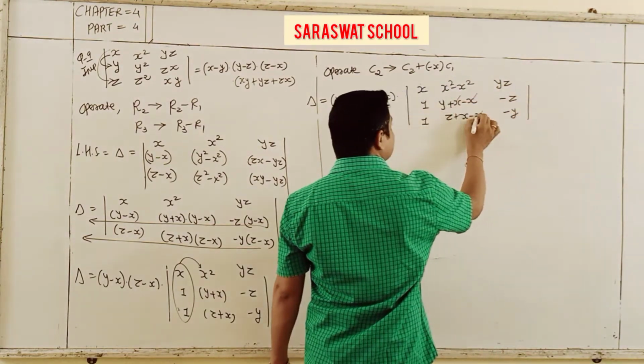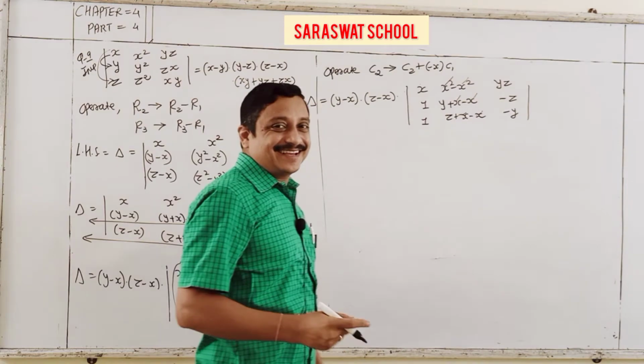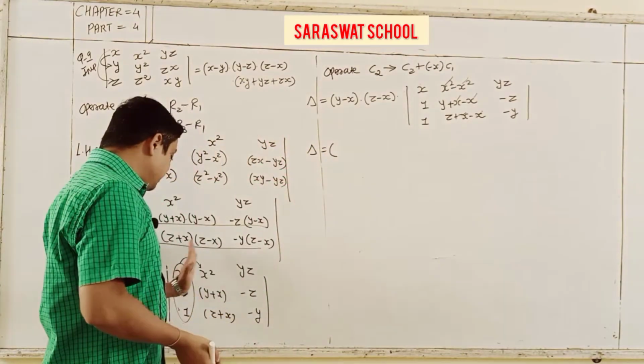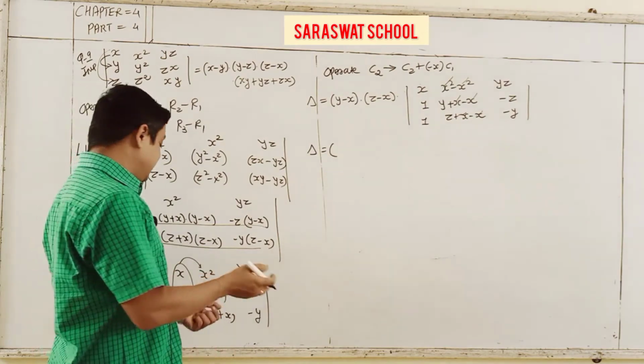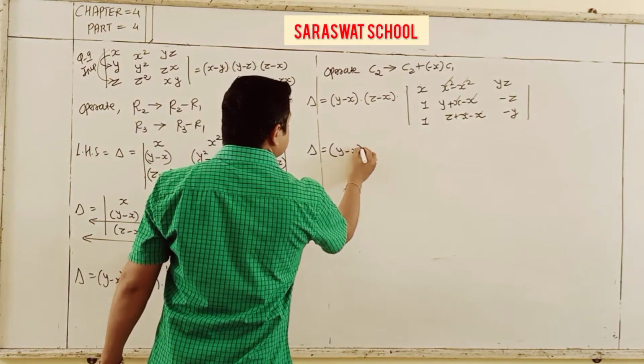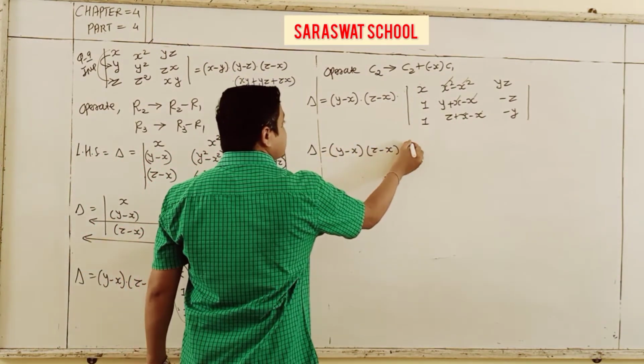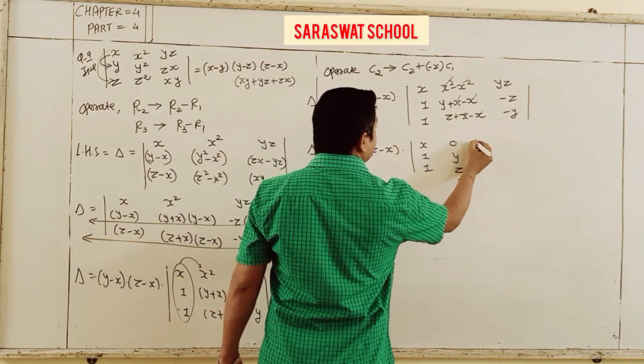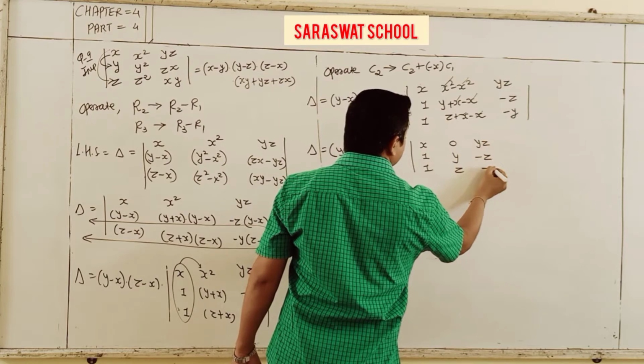Look at that, this cancels, that much also cancels. Simple, your data is done here. Again, repeat: this x multiplied here, then yz, y minus x, z minus x, x, 1, 1. It should be 0, yz, and yz minus z minus y.